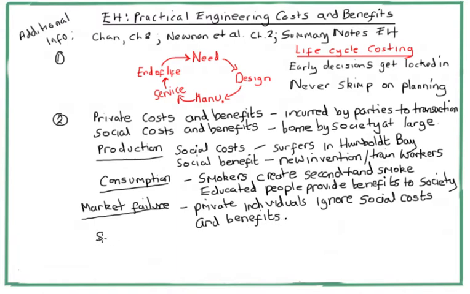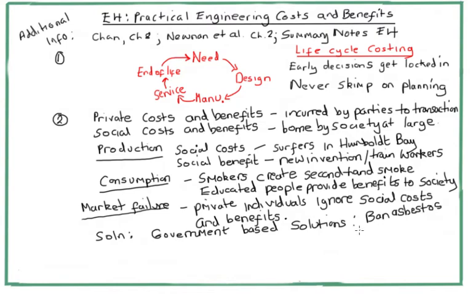So the solution, well, there are several solutions. A common one is government-based. So the government comes along and they might actually take some goods and ban them. One solution is to, for example, ban asbestos. So you just decide there's no safe level of production of this material, so we're just going to ban it.